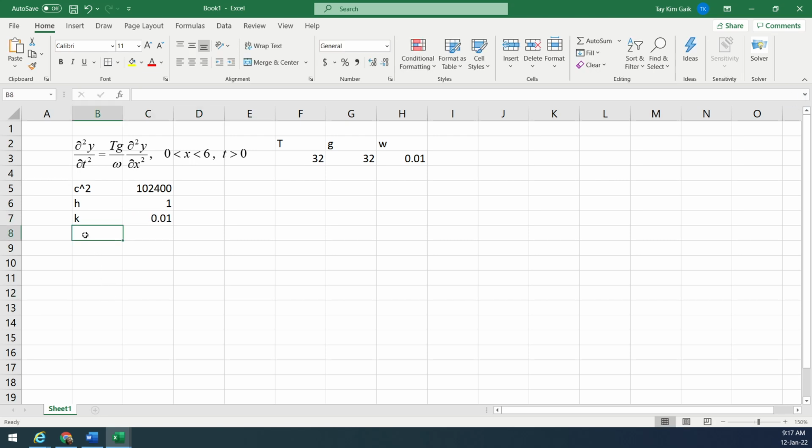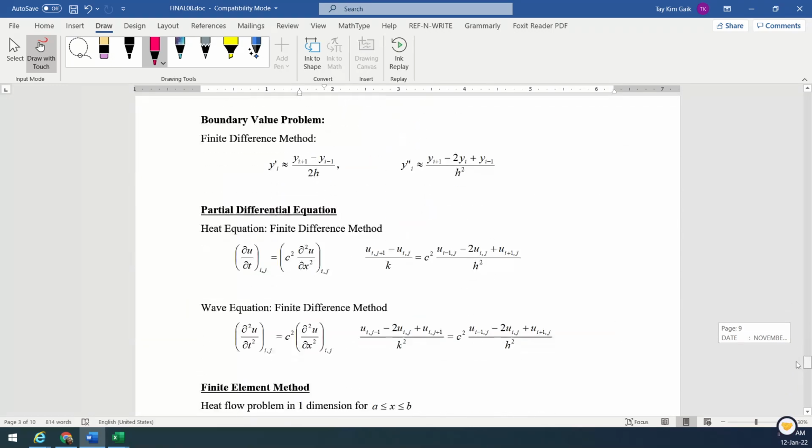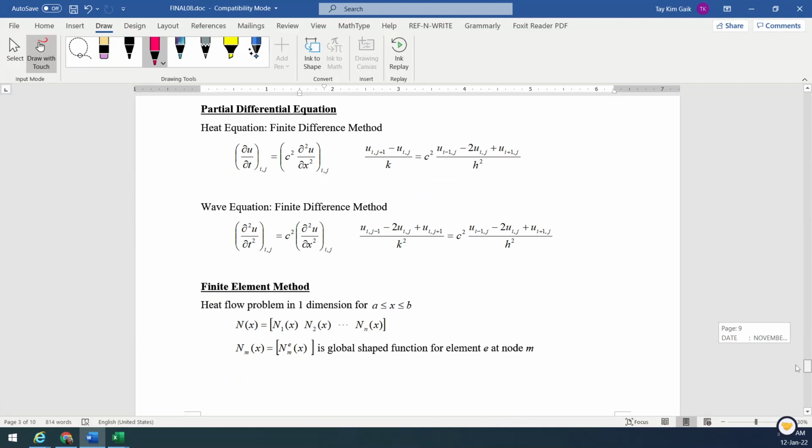And then for the wave equation, you need to find rho squared. Can you remember where the formula is? If not, you look. They will give you the wave equation by the finite difference method. This is the formula.